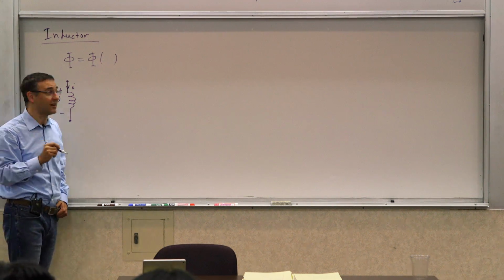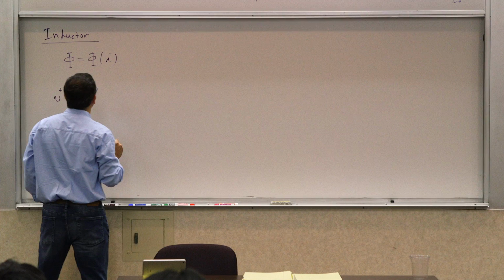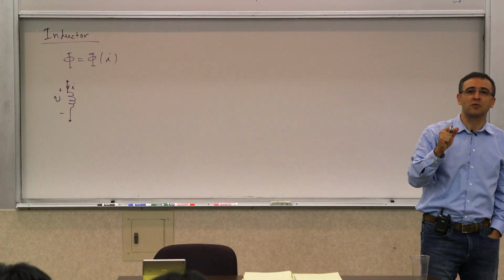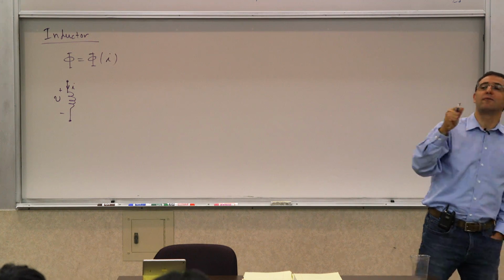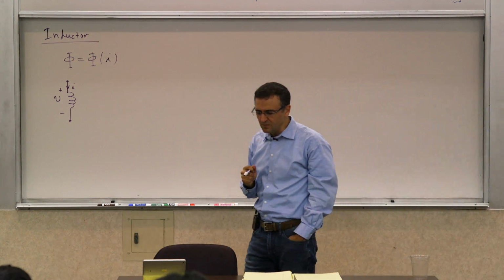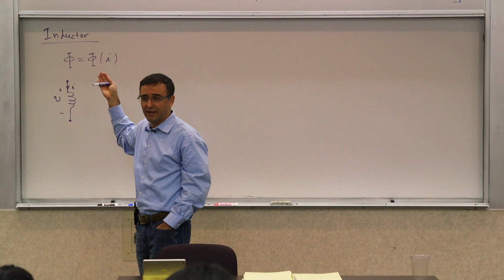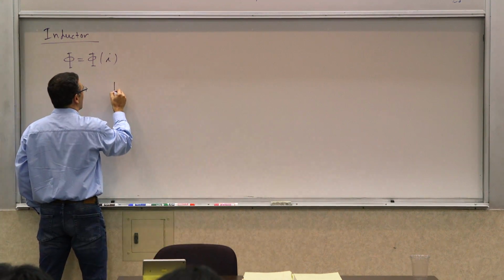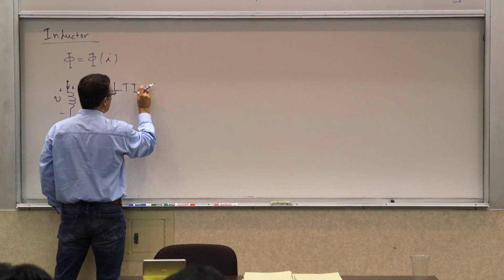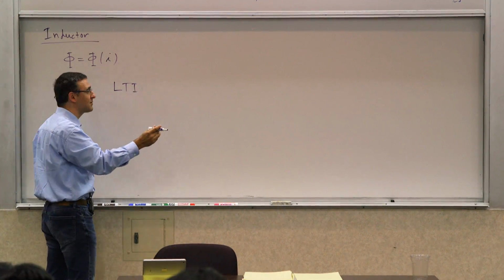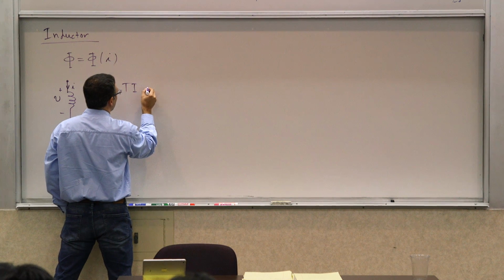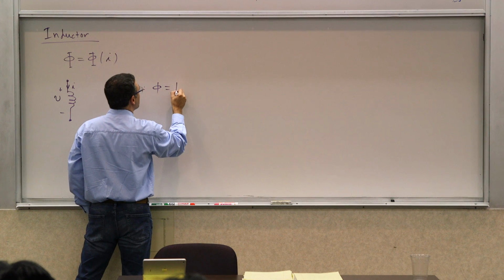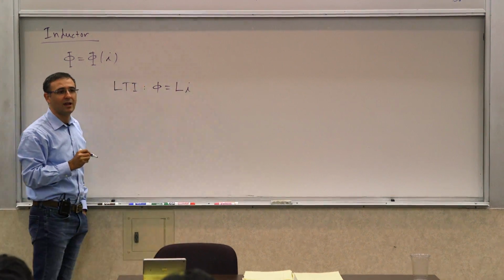Yes? Current, yes, exactly. So the most general definition of an inductor is a component whose magnetic flux is a function of its current. And through a very similar derivation, and we won't really belabor this point again, so you can go through all of those assumptions, approximation, all those things. If you have a time varying one, you will have two terms because it would be a product of two linear time varying one. And if you have an LTI one, then you have a flux that's proportional to the current.